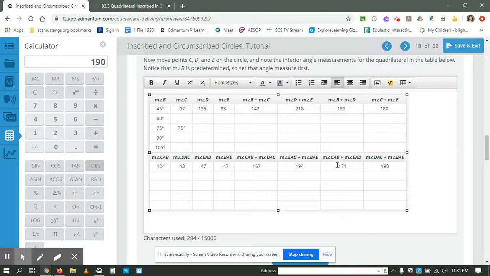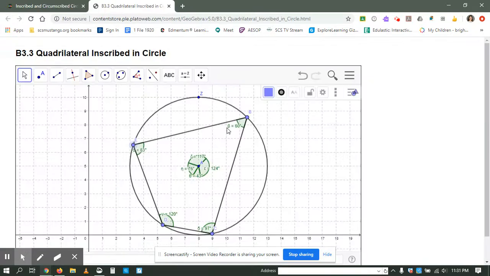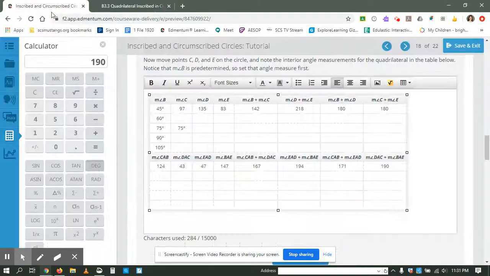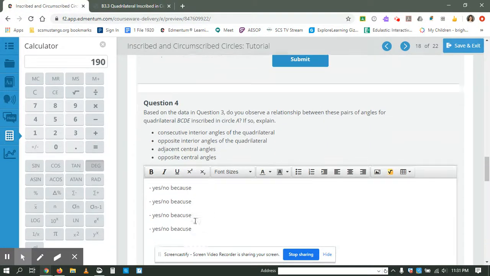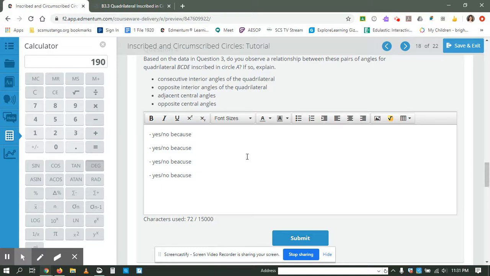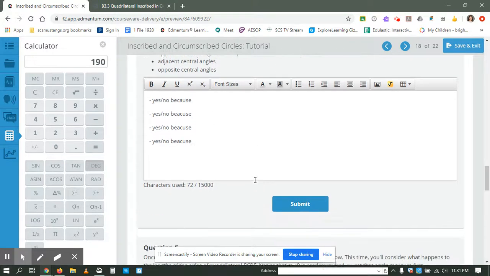So looking at CAB and DAE, just double check, yep, sure are. Those are opposite angles. Oh, they're not vertical, because they are not straight lines, but they are opposite because they only share a vertex. Okay, my bad. So just a yes or no, and a because with whatever reason you have for that.